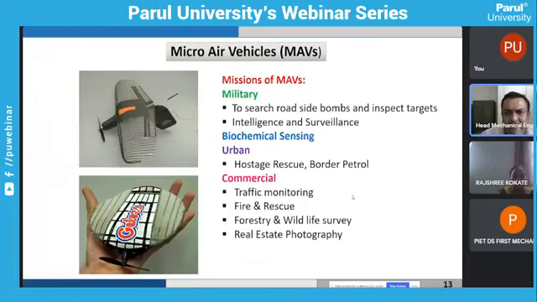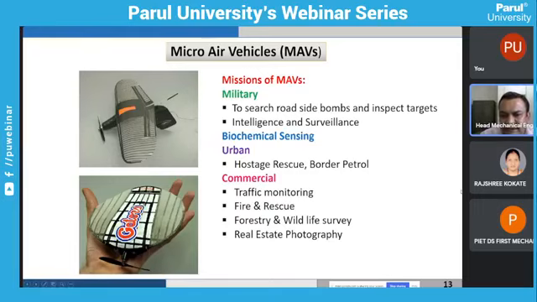So micro air vehicles, MAVs, are something the Indian government has recently been focusing more on. Just in the last week, we heard about drones near the Indian territories and near the Air Force stations. Even our military wants micro air vehicles for various purposes.